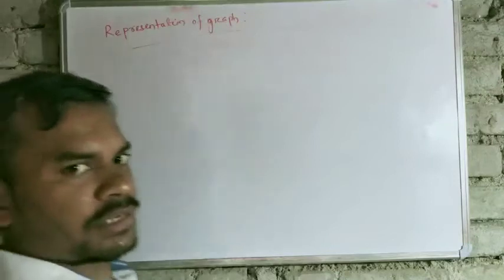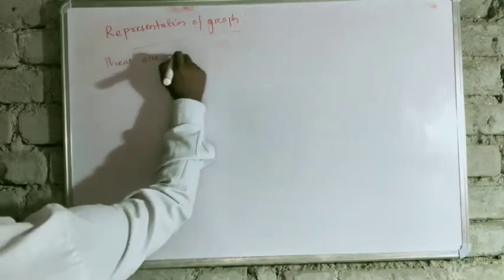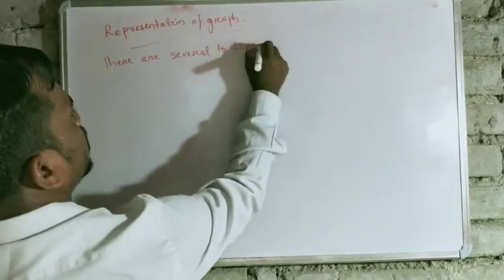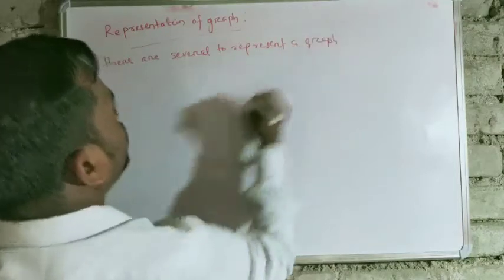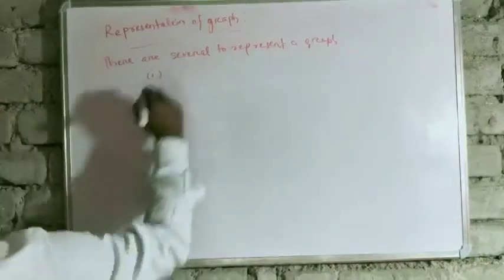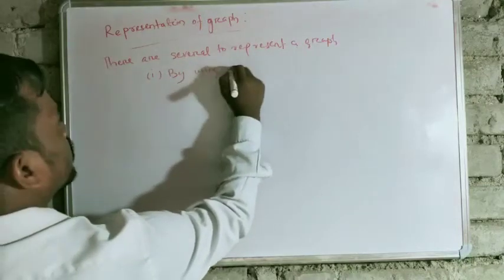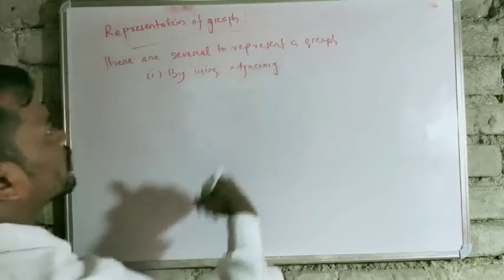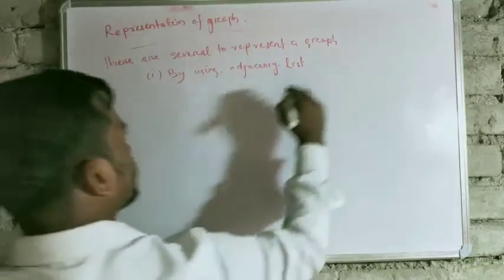Okay, there are several ways to represent a graph. First is by using adjacency list of vertices.